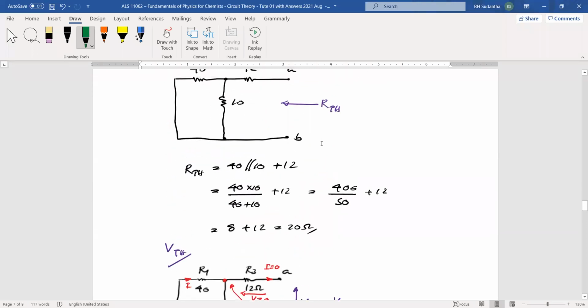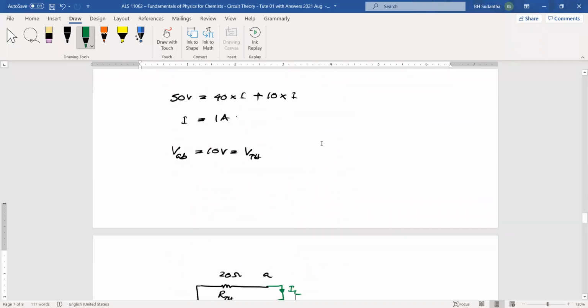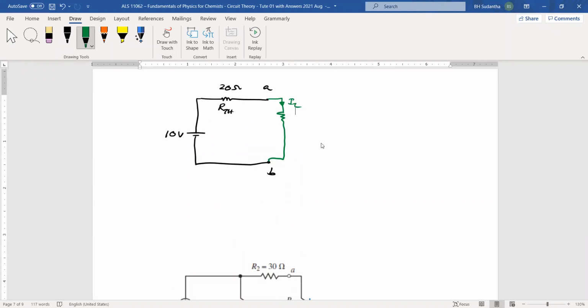Okay. The removed component value is a 30 ohm resistor.